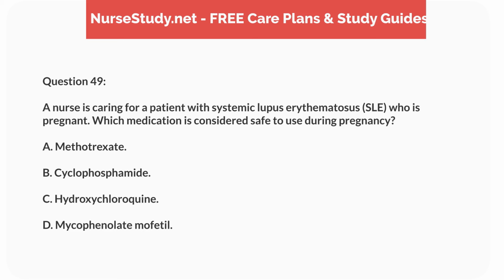Question 49. A nurse is caring for a patient with systemic lupus erythematosus, SLE, who is pregnant. Which medication is considered safe to use during pregnancy? A. Methotrexate. B. Cyclophosphamide. C. Hydroxychloroquine. D. Mycophenolate mofetil.